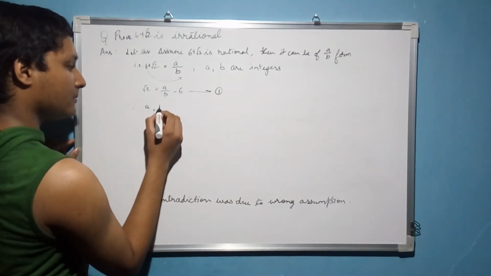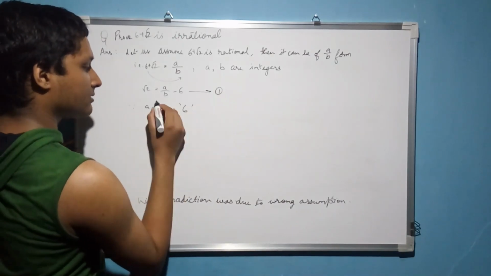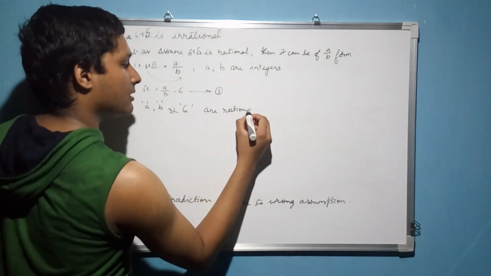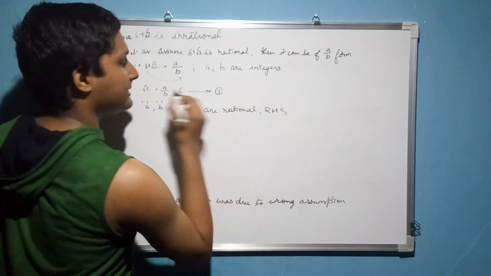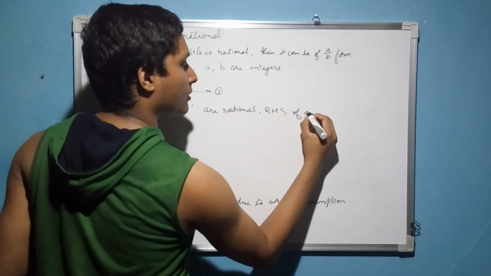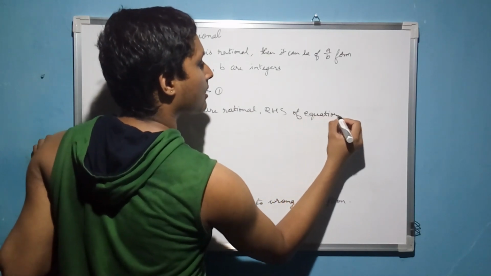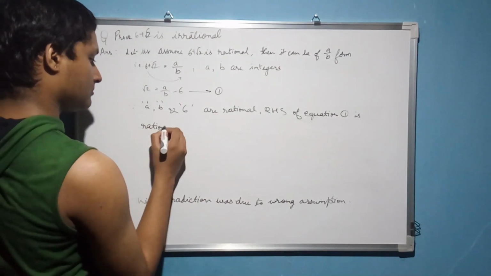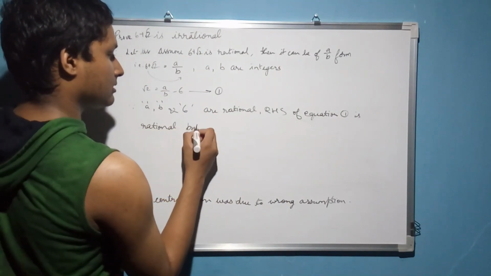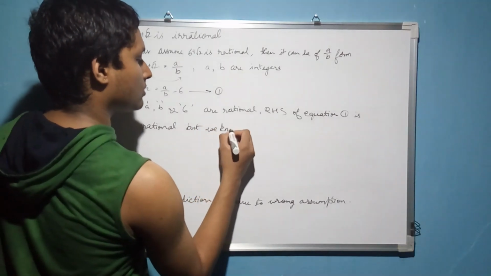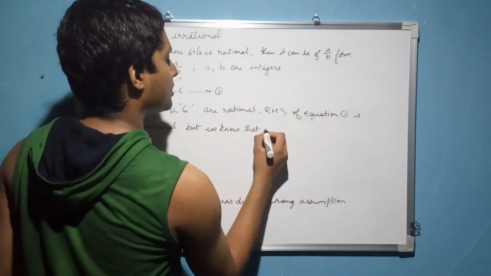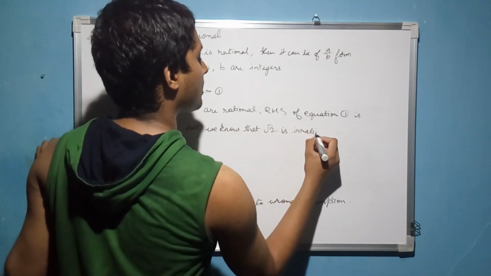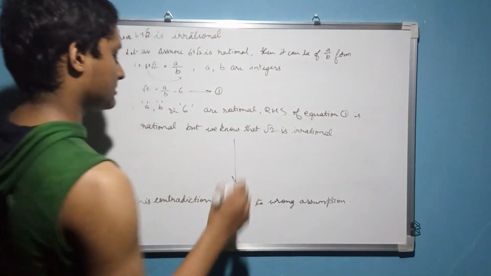Since a, b and 6 are rational, the RHS, or right hand side, of equation 1 is rational, but we know that root 2 is irrational. That's it. Then you go through that.